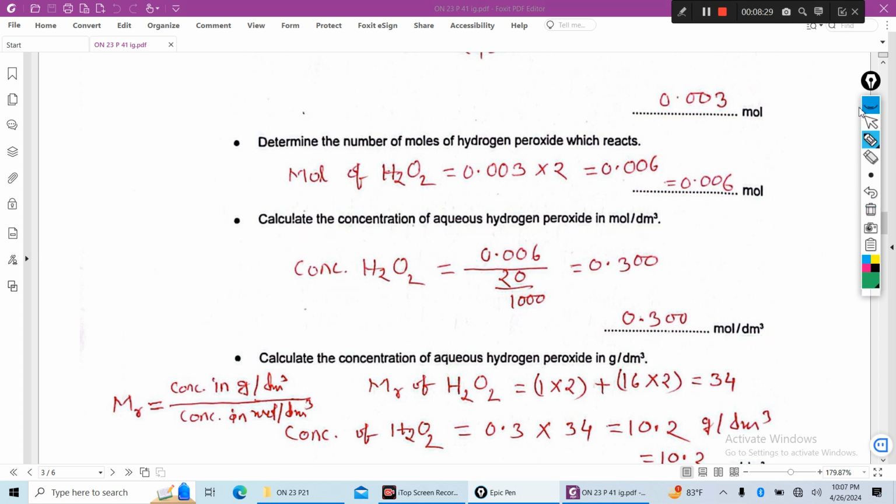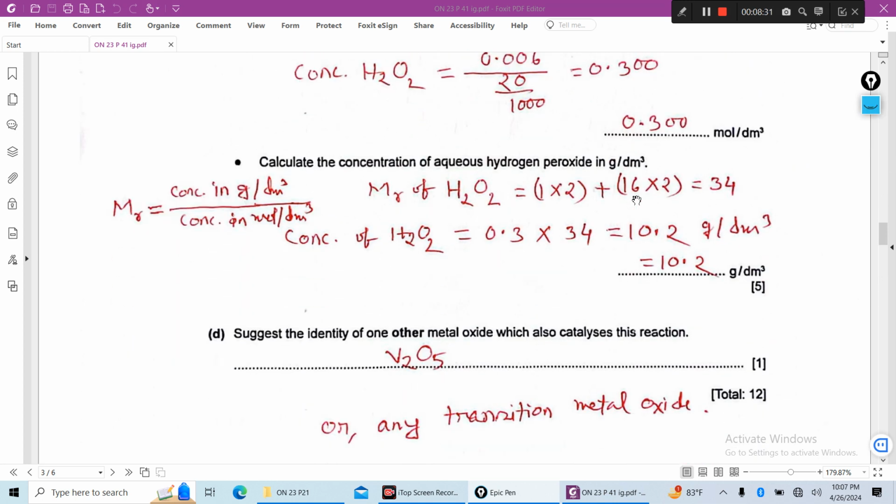Then next, you are asked to calculate the concentration of aqueous hydrogen peroxide in g per dm³.